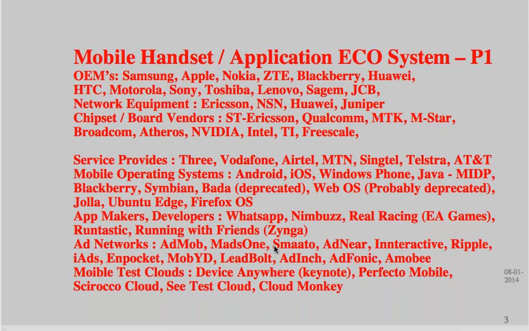But other players like LG and Sony and Motorola and Toshiba and HTC and Lenovo, Sage and JCB, even they make robust mobiles. So these are the people who make the hardware, and you can find that each one of them has a home page, and you should take a look at it, at least their homepage, at least once.